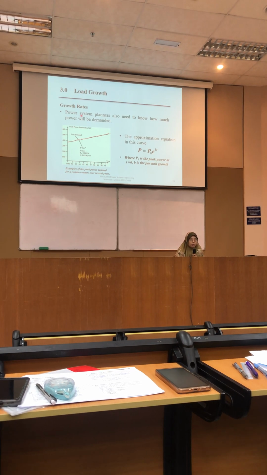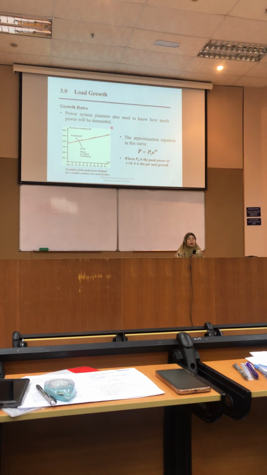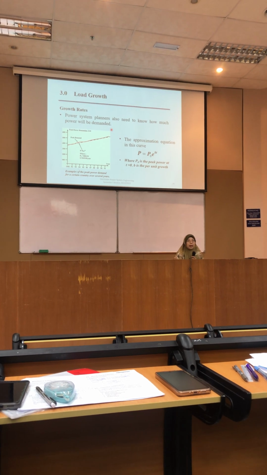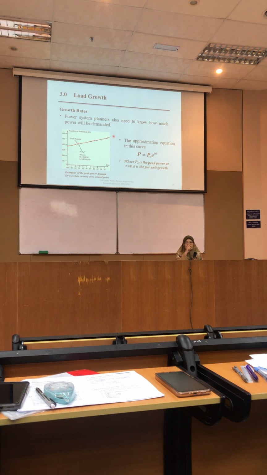Power system planners also need to know how much power will be demanded, because if we are going to expand the power system, we need to know the power that we need.